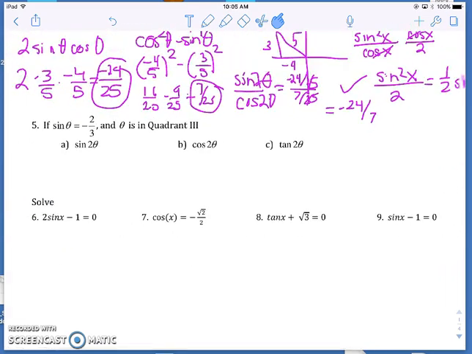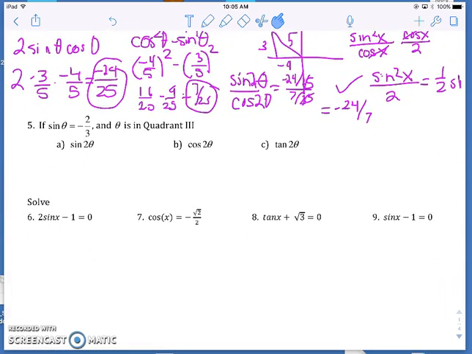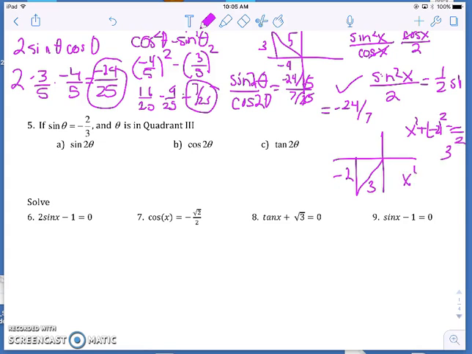This next one here, it's in quadrant 3, so we'll draw a picture of this. Down here, sine is -2/3, opposite over hypotenuse, so we have x squared plus -2 squared equals 3 squared. So x squared plus 4 equals 9. So x squared equals 5, so the square root of 5, so -square root of 5.